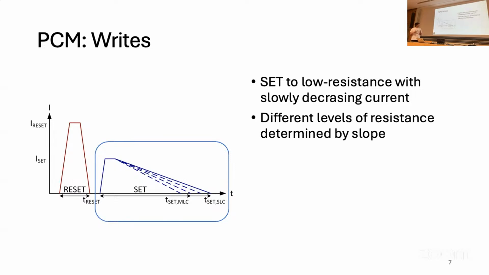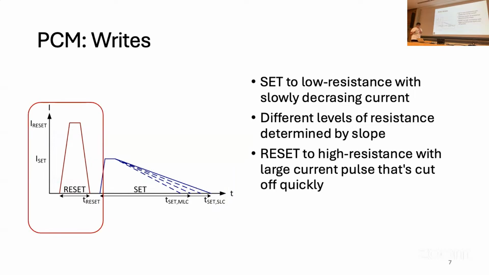And you can see that these dashed lines, in essence, could correspond to different resistance states, because if we cut it off more quickly, less crystallization occurs and we get a higher resistance. So we cannot only have a low and a high resistance state, we can also have some intermediate resistance states and use, for example, 4 states to have 2 bits per cell.